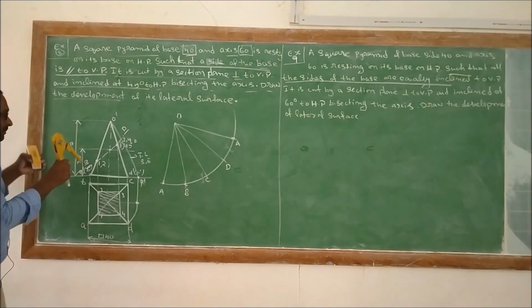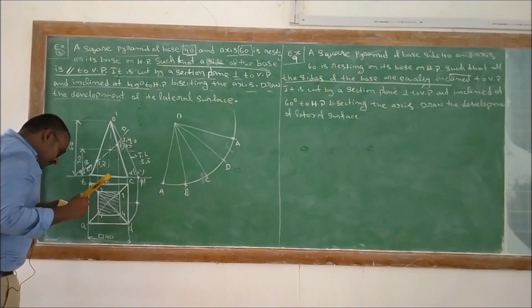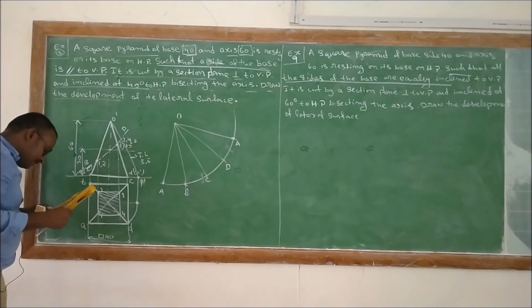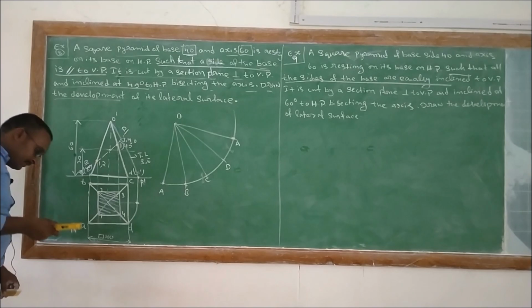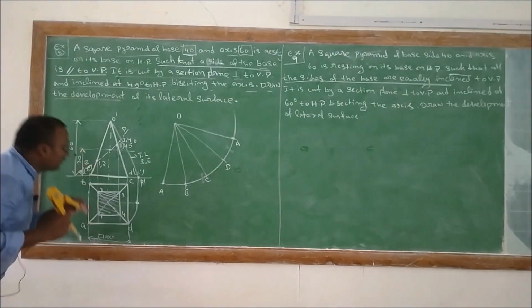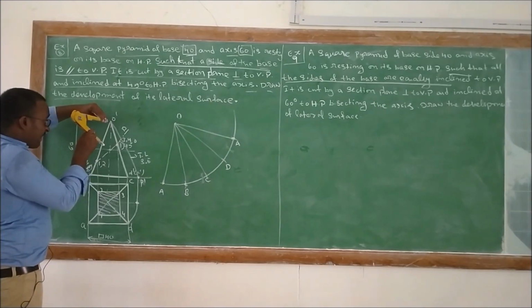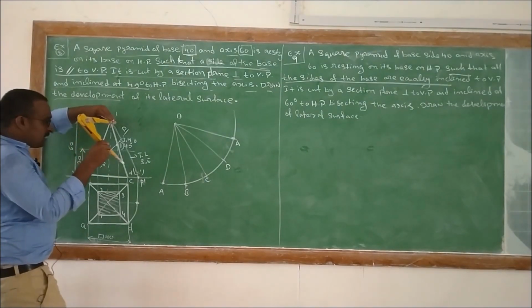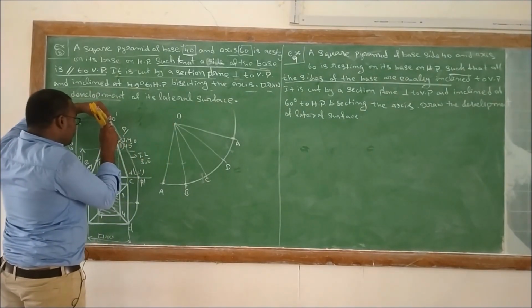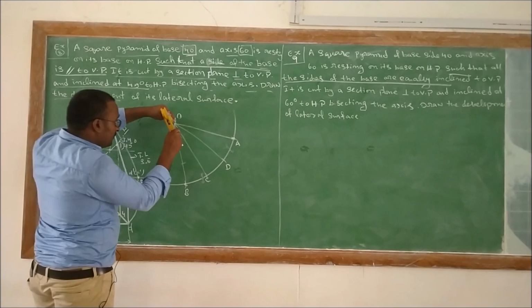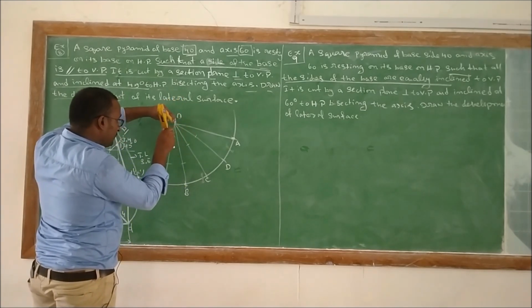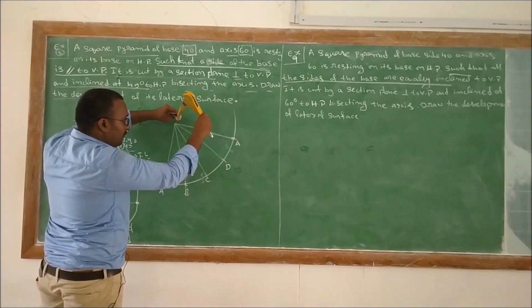Then take the distances from here to here. O dash to 2 dash, 1, 2, then O to 3, again 1.